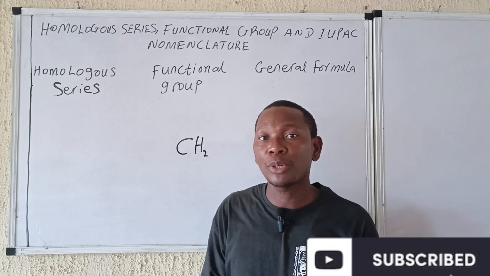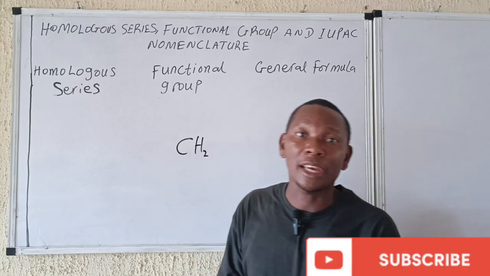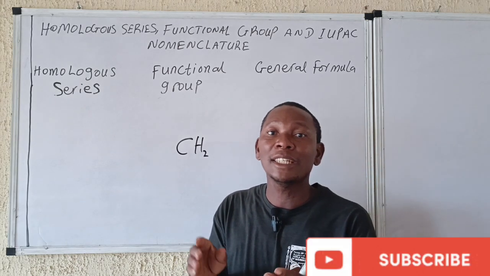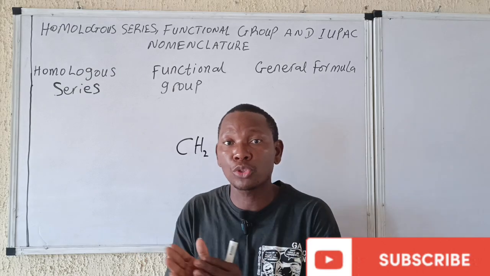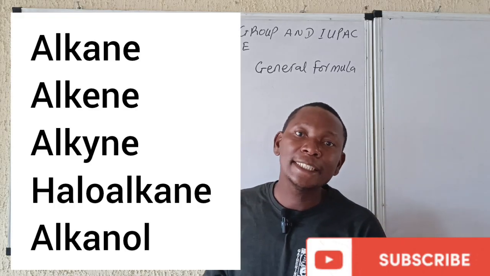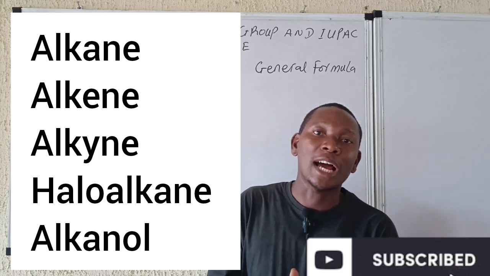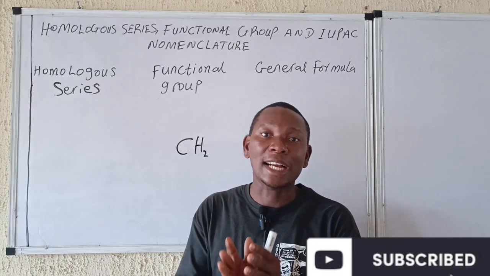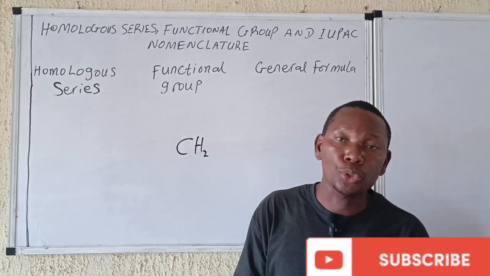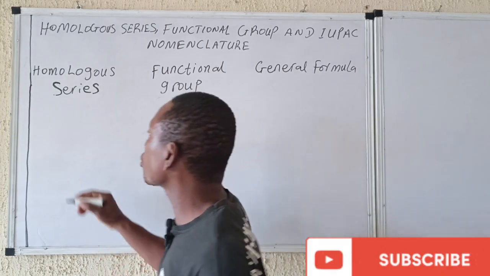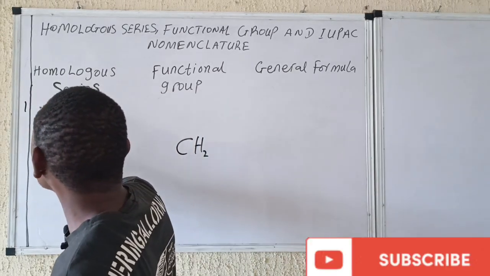This is a very simple explanation. In the first part of this video, we talked about the first five homologous groups, which are the alkane, alkene, alkyne, the haloalkane, as well as the alkanol or alcohol. So today we'll start from the homologous group alkanoic acid.